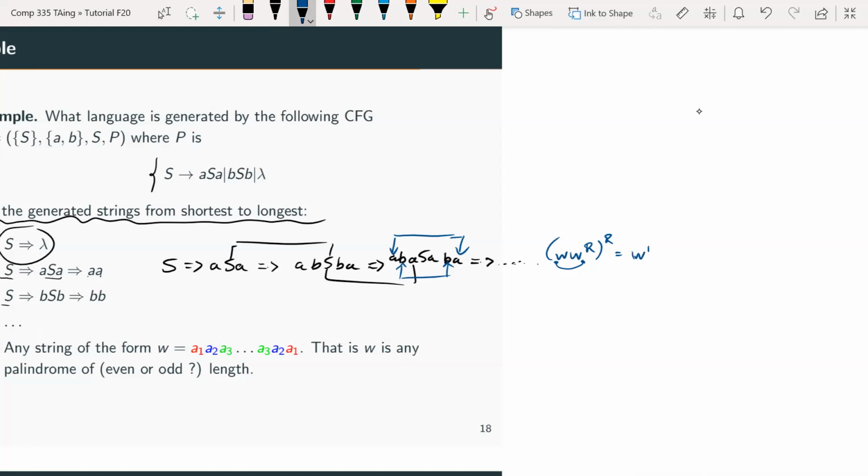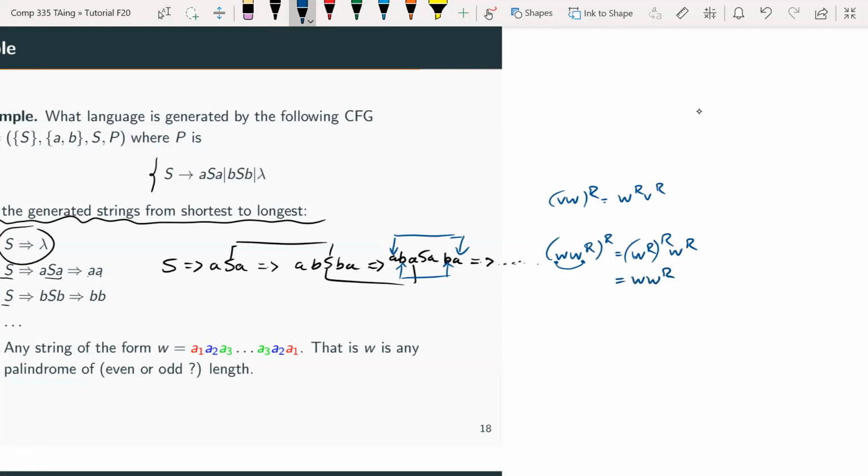That's going to be true here because I know that (VW) reverse is actually W reverse, V reverse, so W W^R reversed is W^R reversed, then W reverse. The reverse of the reverse is itself. I'm going to get W^R.